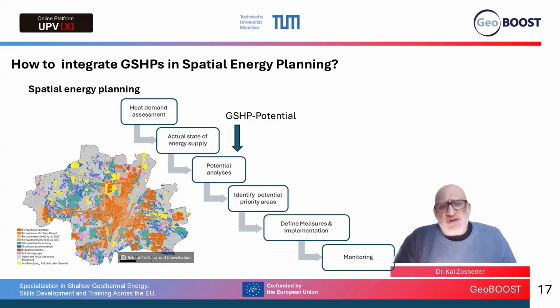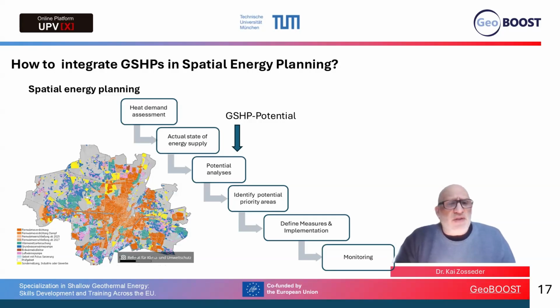So on the left side, you see an example of the city of Munich, and all the green and blue colors here are favorable areas for shallow geothermal, in that case of groundwater heat pumps. So by these potential analyses, you identify potential priority areas, which areas are very favorable for specific renewable sources and for shallow geothermal in this case.